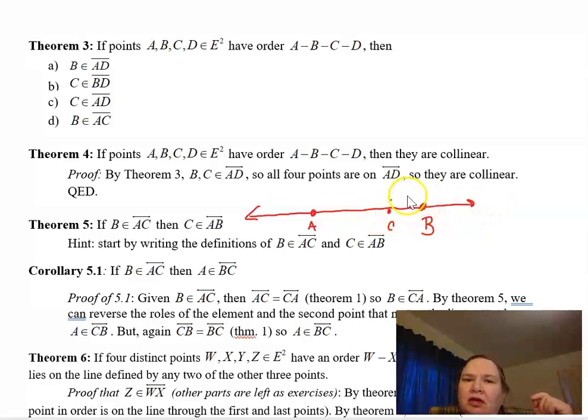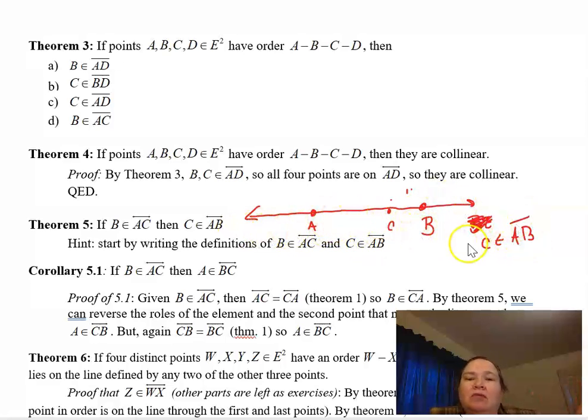Knowing that B is on the C side of this segment, in the definition, that's saying that C is on this segment. That's how we defined a line.